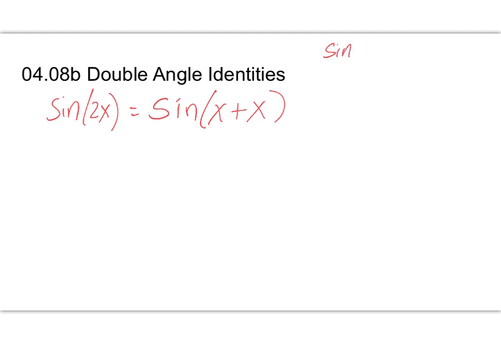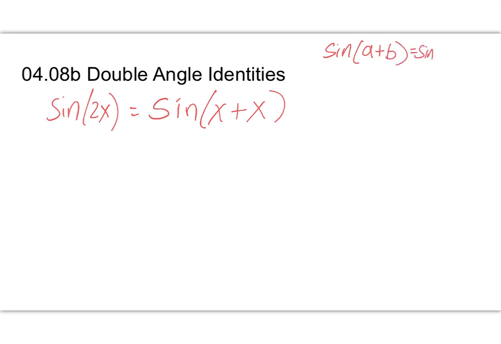The other place that we are going to occasionally see some of these identities is with double angles. And I'm going to use one of the identities that we just talked about to show you where these come from. If I had sine of, like, I don't know, x plus x, which is the same thing as sine of 2 times that angle, we could treat this using that sine sum identity, which is going to be, we got a plus b.